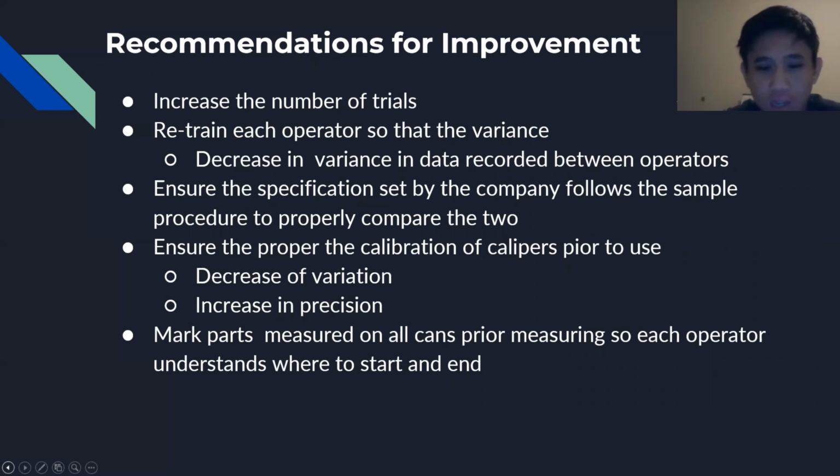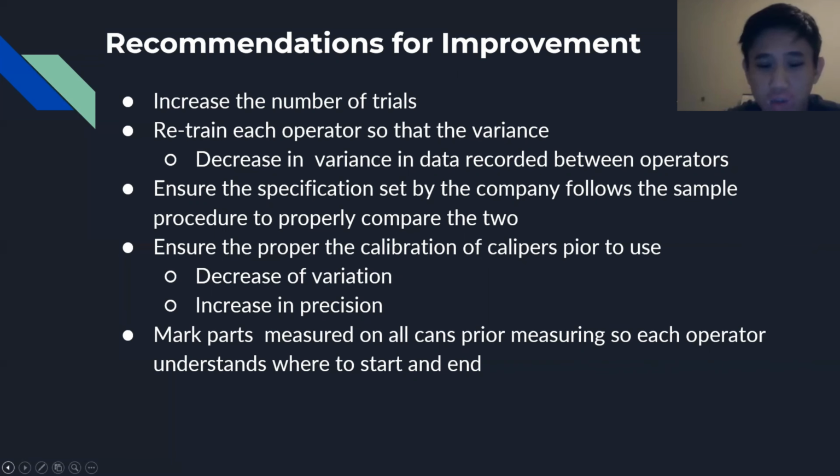So improvements can be made to the analysis and the process. Some recommendations include increasing the number of trials, retraining each operator so that the variance will decrease, ensuring that the calipers are properly calibrated so that the variation would decrease and the precision would increase.